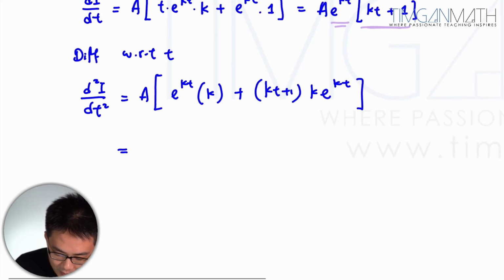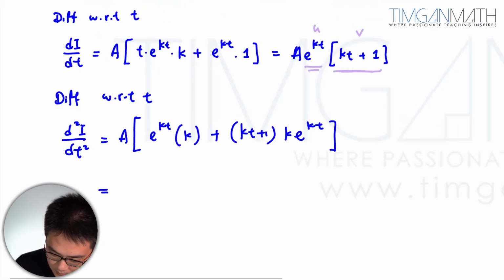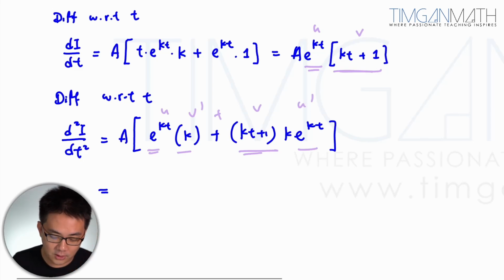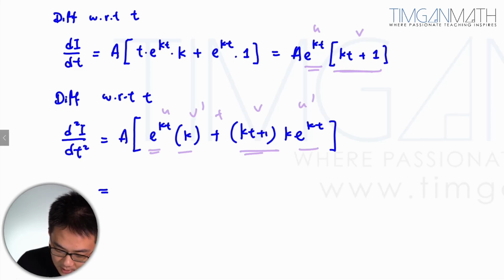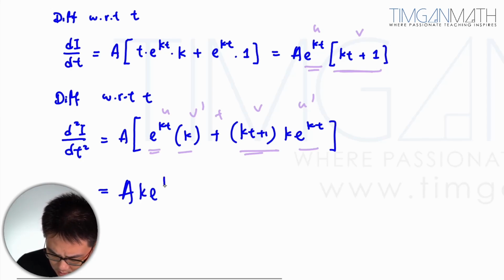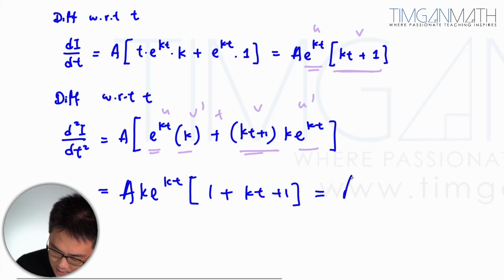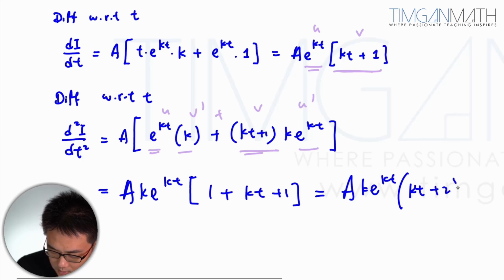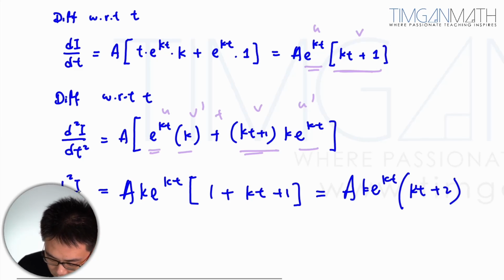So what we could do is factorize out, same thing. This part here will be u, this is v prime. Be very careful. I'm going to factorize out the a, k, e^kt, right? So this is 1 plus (kt + 1), which is a k e^kt (kt + 2). Alright, so there you go.